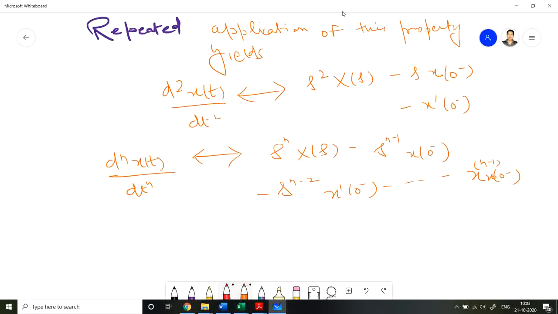So this is the relation we get from repeated differentiation.